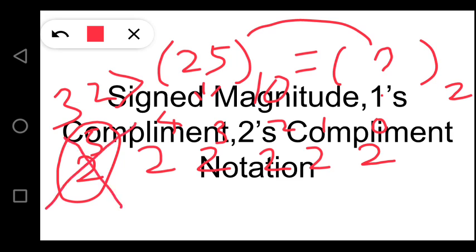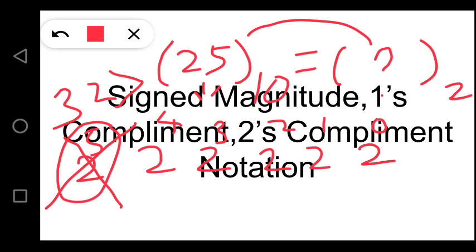Where do we have to stop? When you go on writing the weights in powers of 2, you should know where to stop. You are supposed to stop at a number which is greater than your desired number, like 25.